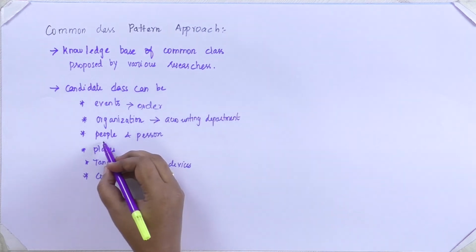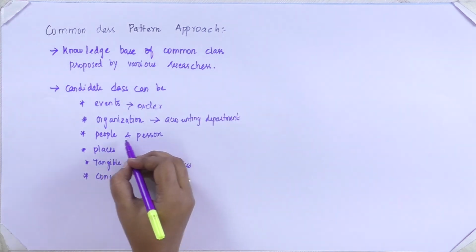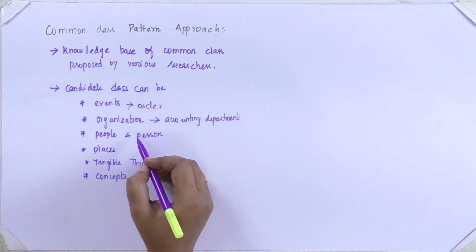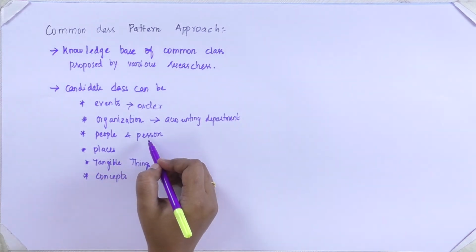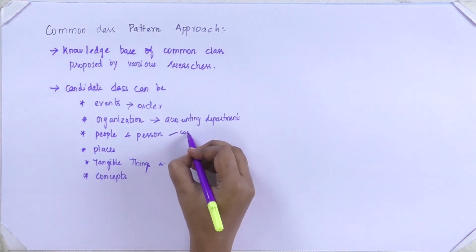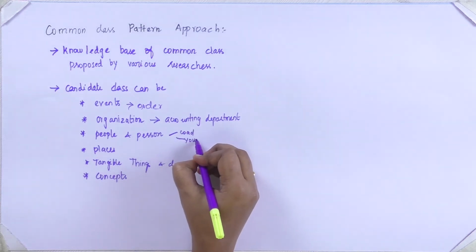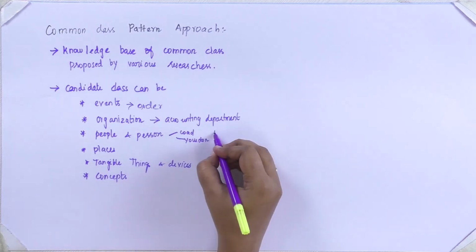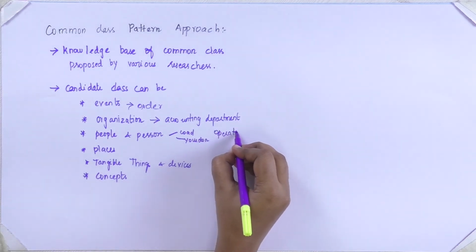Next, people or persons can also come under candidate classes. These are the different roles users play in interacting with the application. You can have two types of people, for example an operator or a clerk.